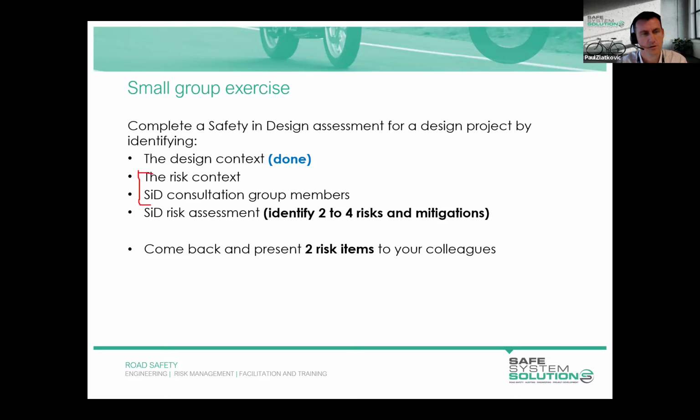And then you'll undertake the safety and design risk assessment, much in the way that we did as a whole group. You'll identify anywhere from between 2 and 4 risks, populate your risk register, and assess those risks, and then identify any mitigations that you can around those risks, and then assess the risks with the mitigation in place. That last one there is done in that Excel workbook.